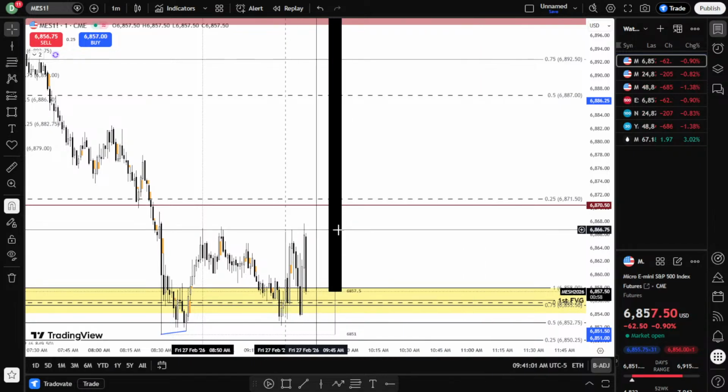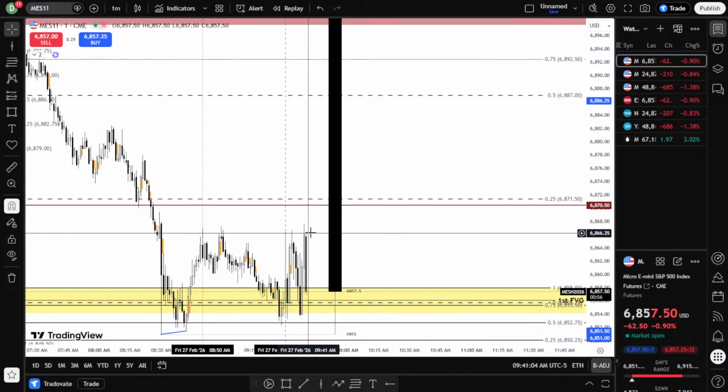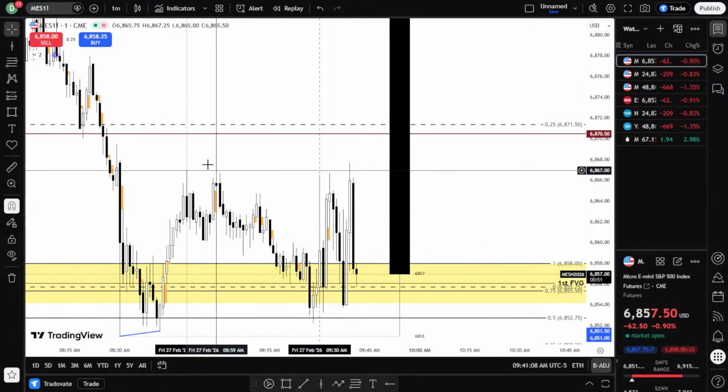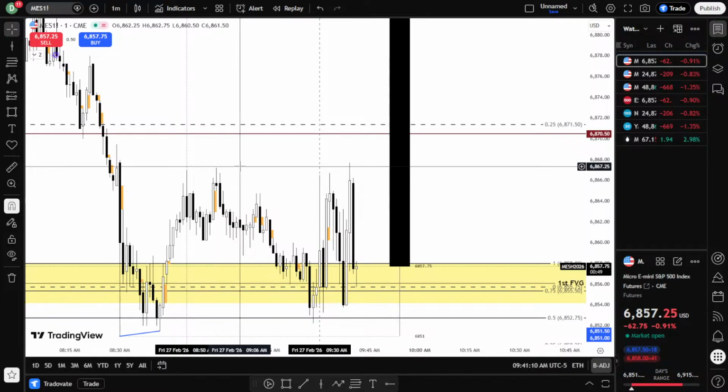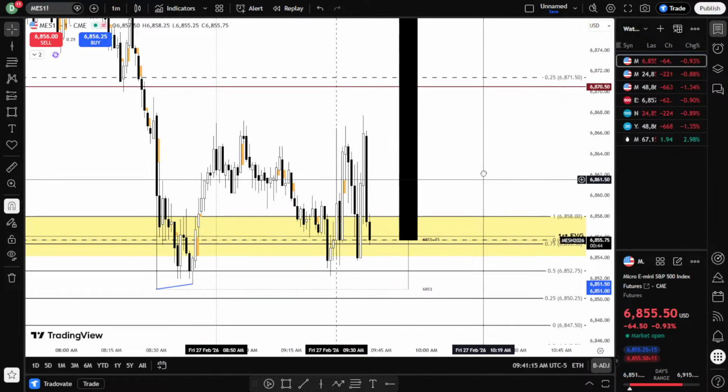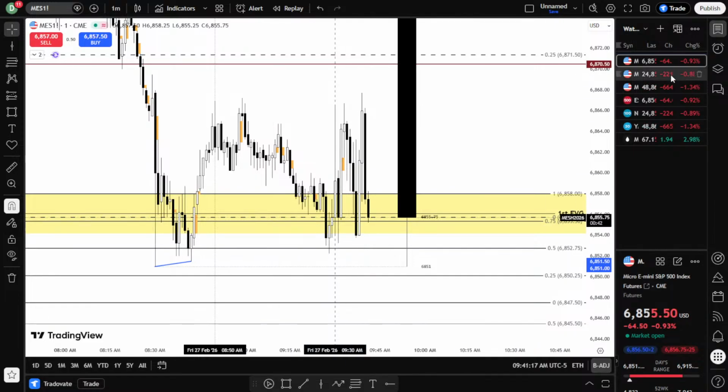Okay, so we hit that smooth area of buy side which I told, and now it is starting to move lower.